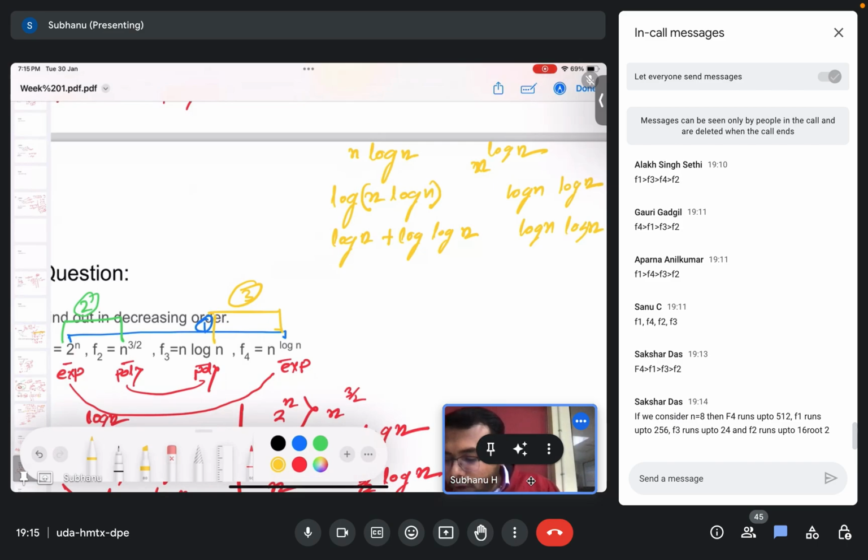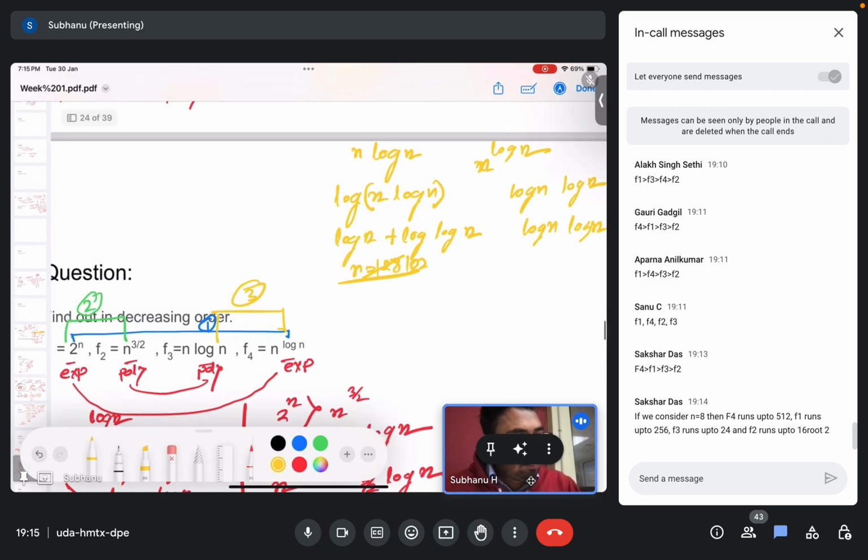In this situation where you have this type of thing, you can put in a very big value for n. So you can put 128, or maybe 1024. Why am I taking 1024 or 128?